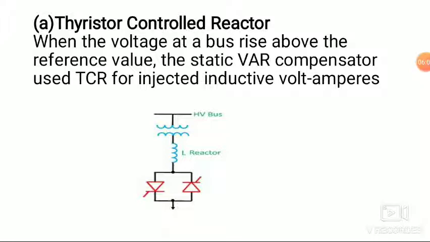TCR consists of two opposite polarity thyristors which conduct every alternate half cycle of the supply. In TCR, the duration of current flowing through the reactor is controlled by the firing angle of the thyristor. For every half cycle, the thyristor is given a triggering pulse by the control circuit. It is used in EHV lines for providing lagging VAR during low load or load rejection.